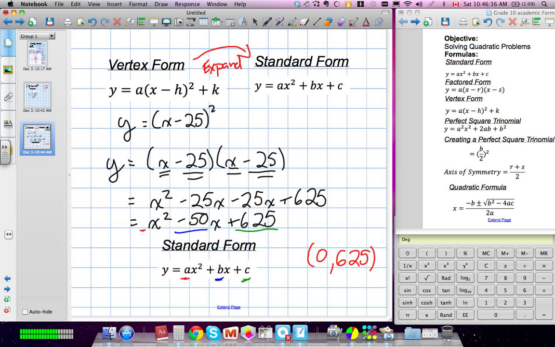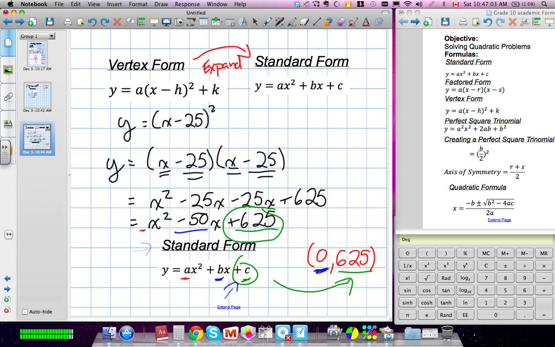So that's the other way you could solve this. Anytime you go into standard form, your C value tells you exactly what the y-intercept is. We always know the y-intercept will have an x value of 0. Whatever the C value is, that's your y-intercept. So we did it two different ways. You could have solved it by putting 0 in for x in the equation, like we did, or we could have changed it to standard form to find it.